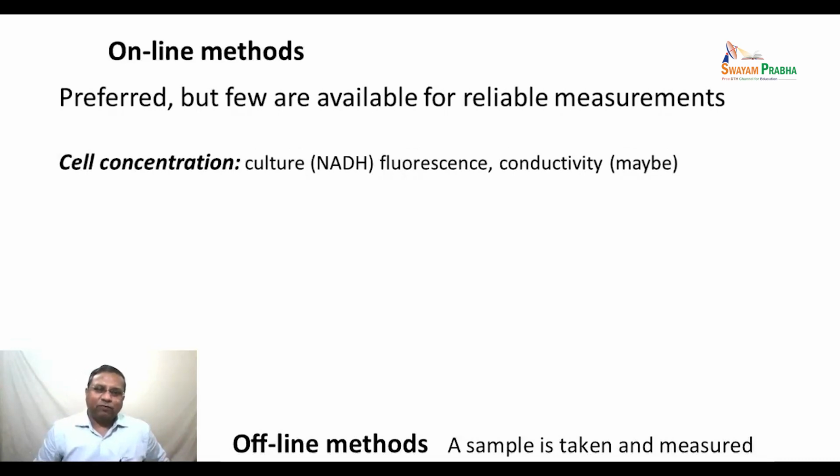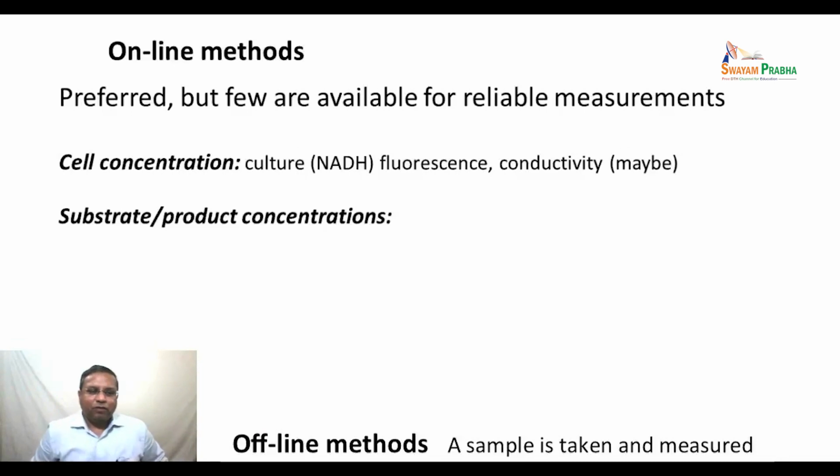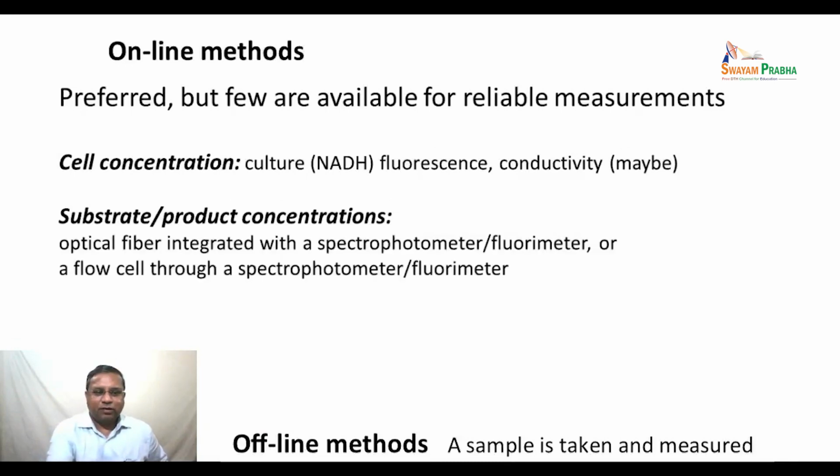The conductivity of cells can also be measured. There are some probes for it. The reliability, not so sure, maybe. That can also be used. That's an online method. For the substrate and product concentrations, there are a few online methods.